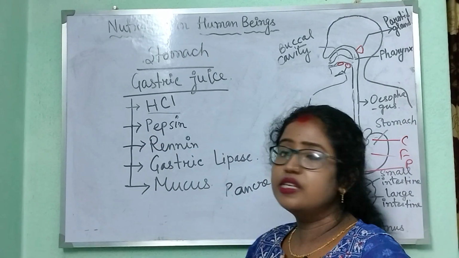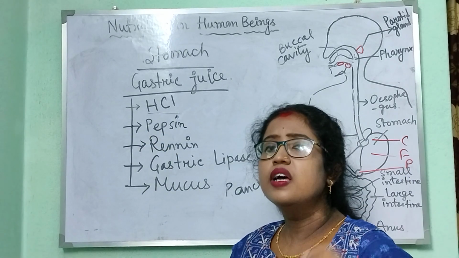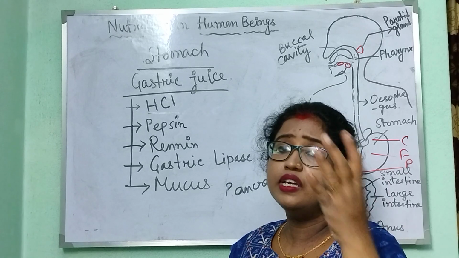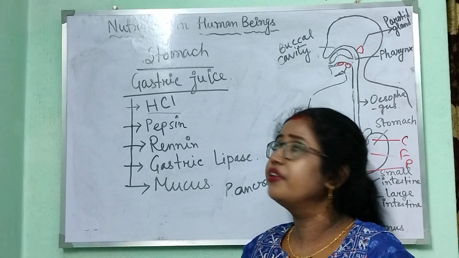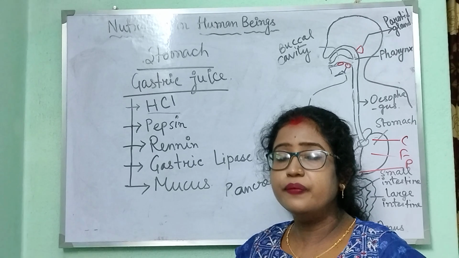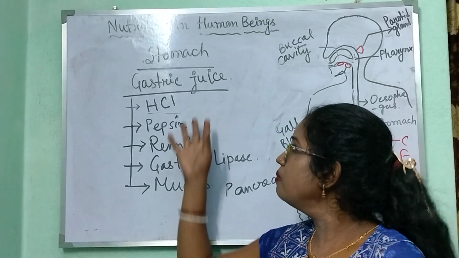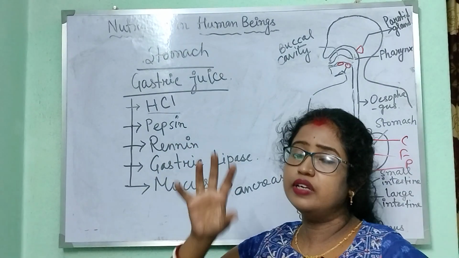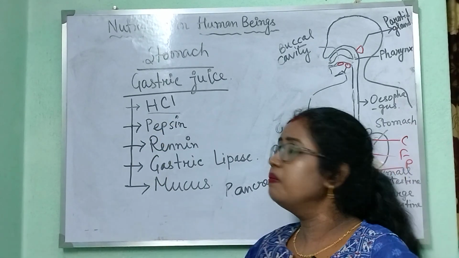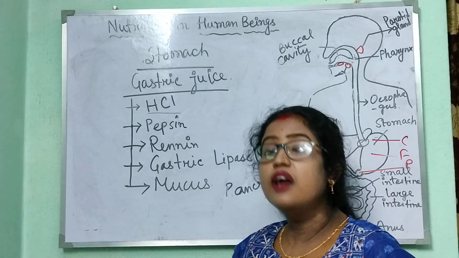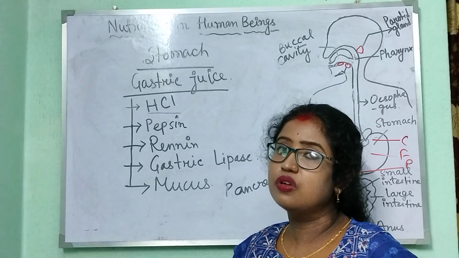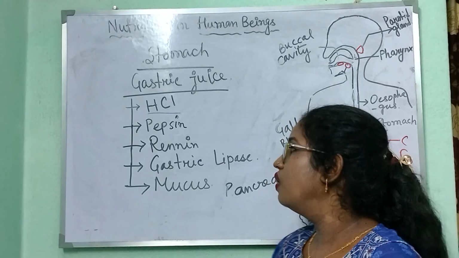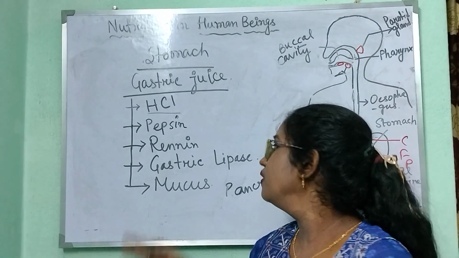First one is HCl or hydrochloric acid. Some cells in the inner lining of the stomach secrete the hydrochloric acid. Next, some of the cells of the stomach inner lining secrete pepsin, which starts the breakdown process of the protein structure or the protein food that we ate.